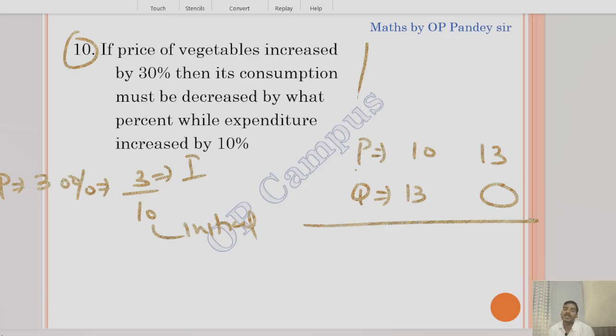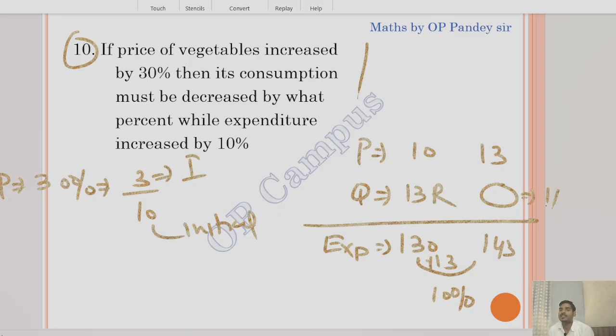If we multiply price and quantity, then we get expenditure, and initial expenditure is how much? 10 into 13, that becomes 130. And according to the question, expenditure is also increased by how much percent? 10%. So 10% of 130 is 13. After adding, we get 143. So 13 into blank is equal to 143. So blank value is how much? 11.